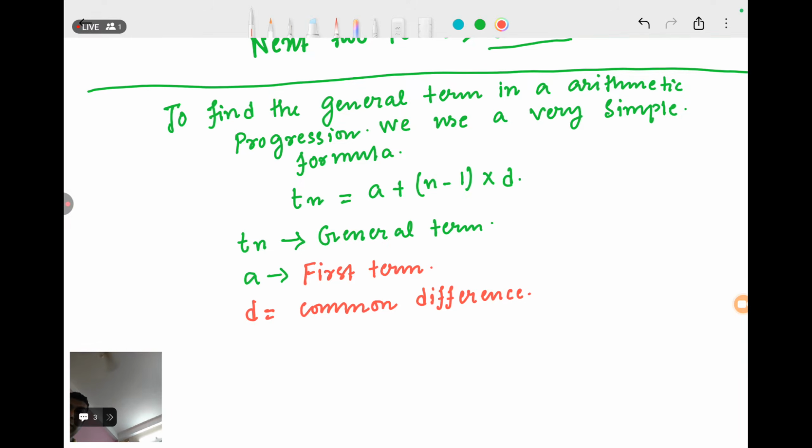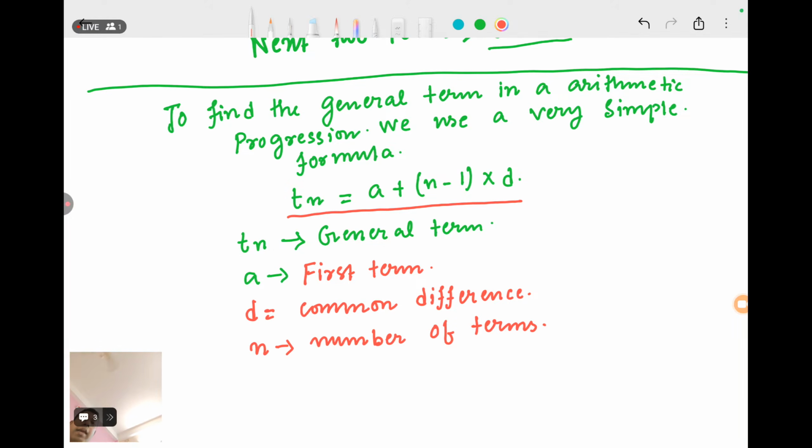And what is n denoting? n is denoting the number of terms.